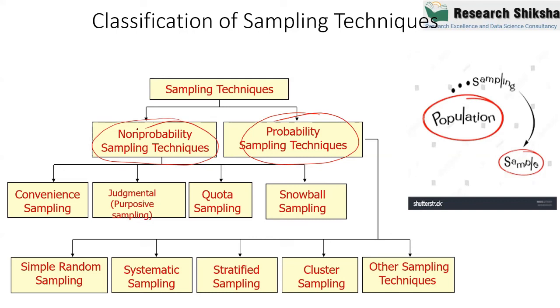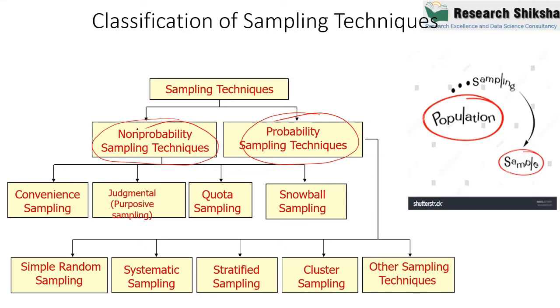So in this case, the probability is not equal. Similarly, when you are picking the sampling units from the target population, the chances of some to be part of your sample are very high, and the chances of some people to be part of the sample are very low. In this case, this method is called the non-probability sampling method.